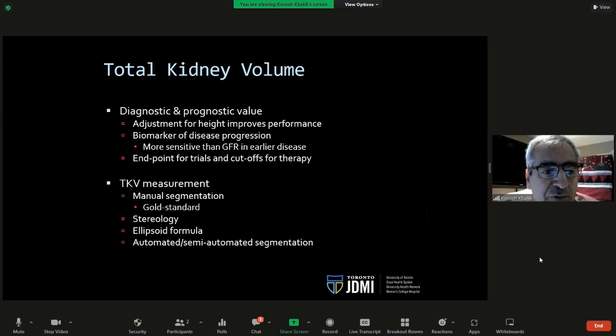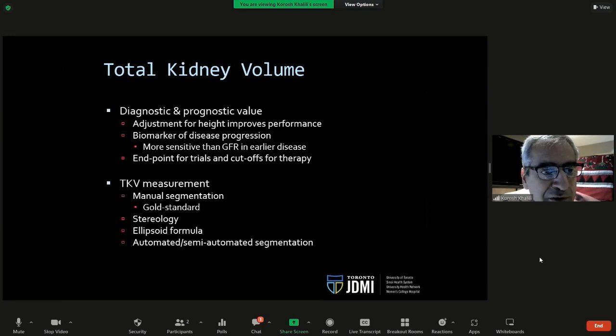And so it will help us separate patients who will have faster progression to renal failure from those who will have slower progression to renal failure or potentially even no renal failure at all. It's also used as an endpoint for trials and a cutoff for therapies, to decide which patients who've had faster disease progression receive the therapies.